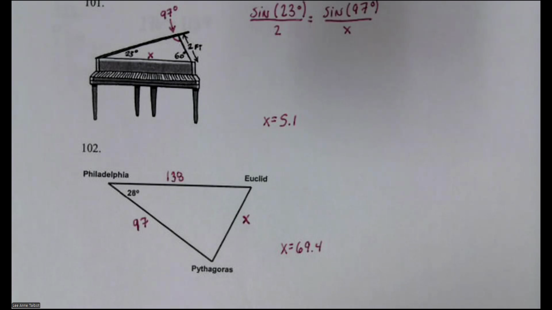Okay, so once you get the 69.4, add up the three sides of the triangle, see if the 300 miles of gas will make it.